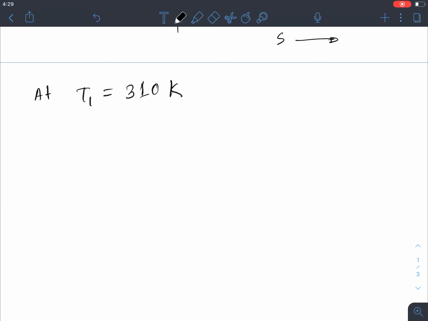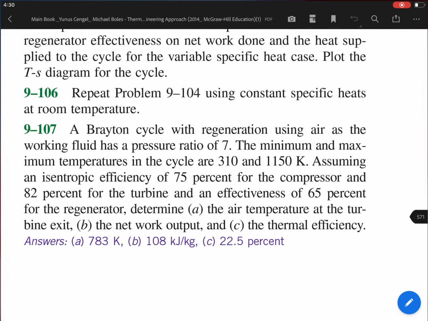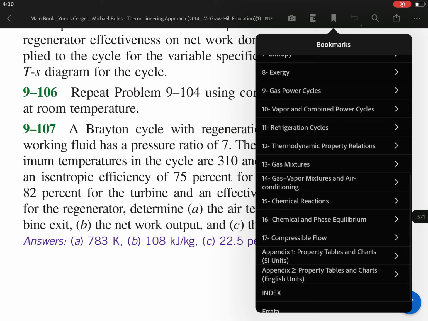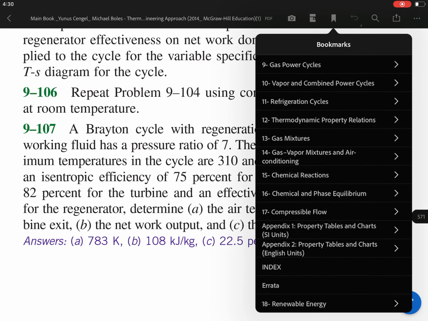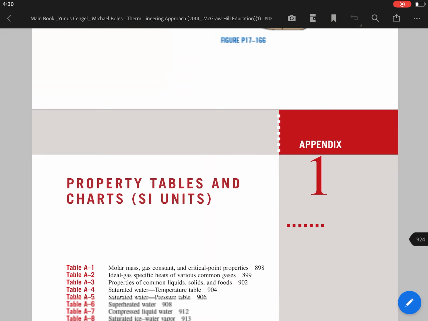So first of all, at temperature T1 equals 310 Kelvin, right? What are the properties we need here? We need the relative pressure, and we need the enthalpy. Based on this temperature, I will go to table A17. Let me show you what I'm looking for.